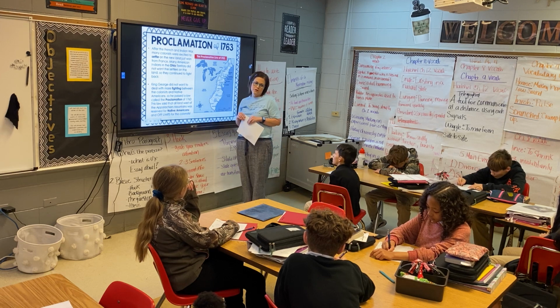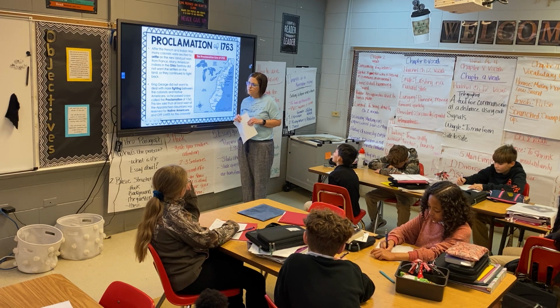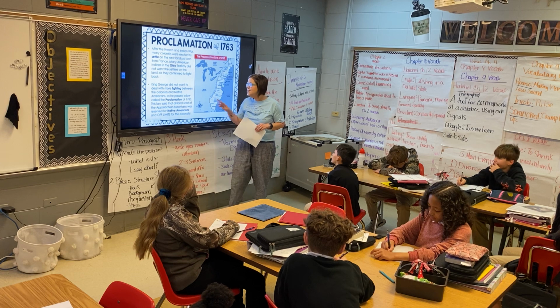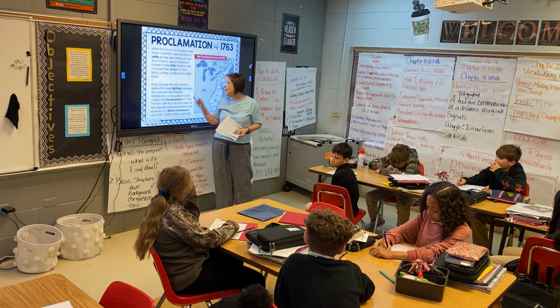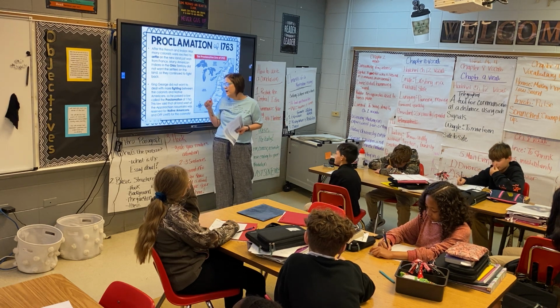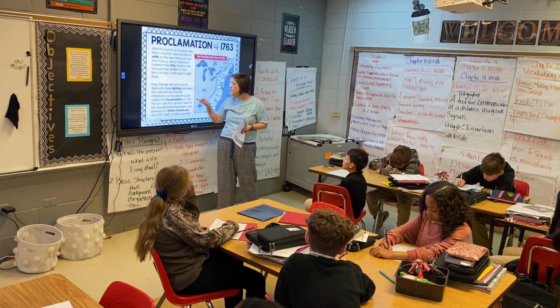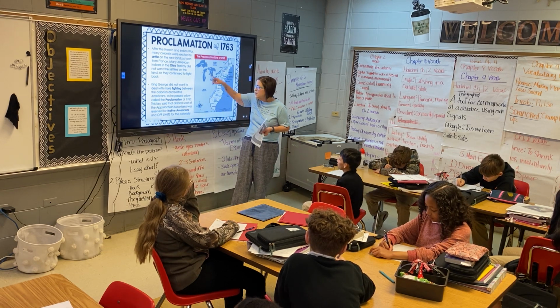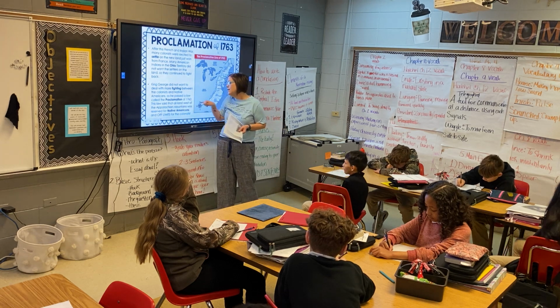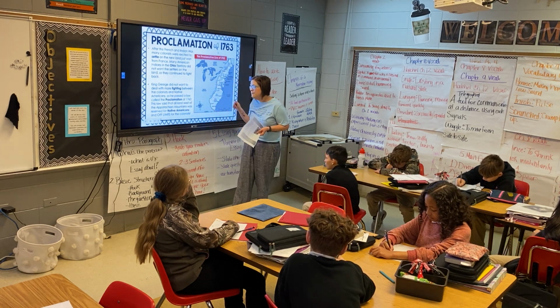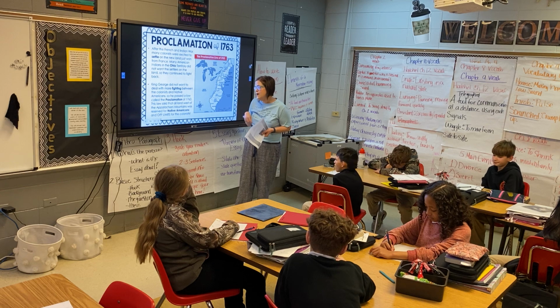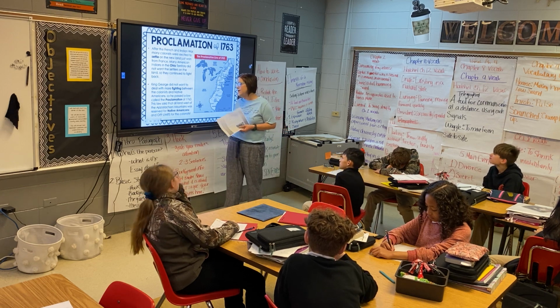King George III did not want to deal with more fighting between the colonists and Native Americans, so he passed a law called the Proclamation of 1763. The law said that all land west of the Appalachian Mountains was reserved for Native Americans and off limits for the colonists.